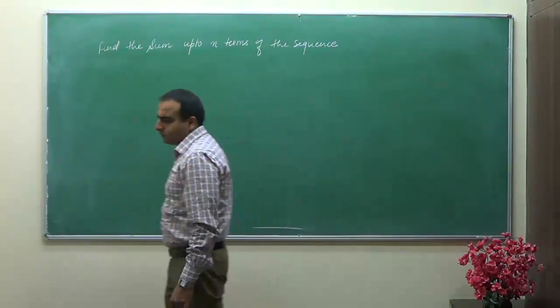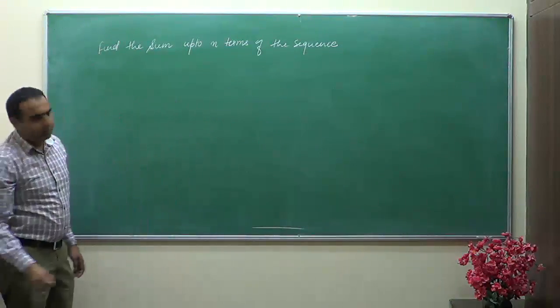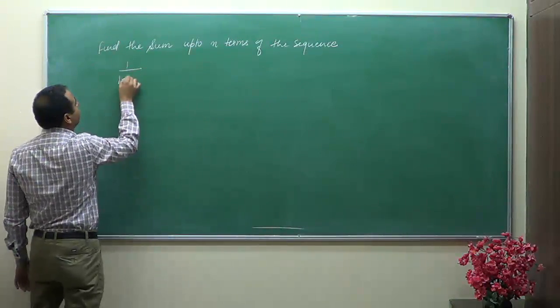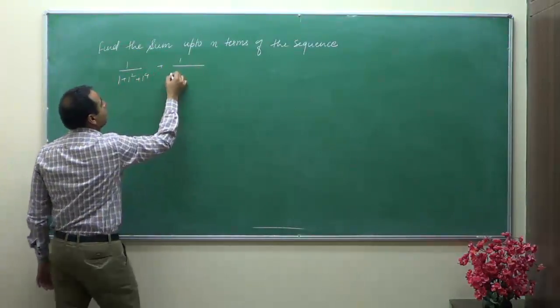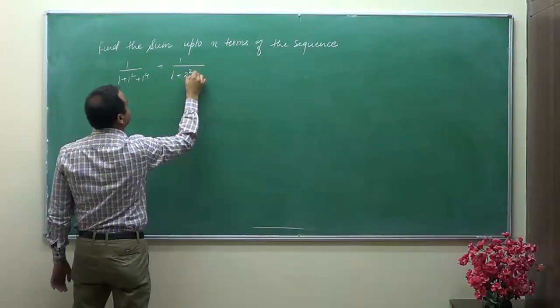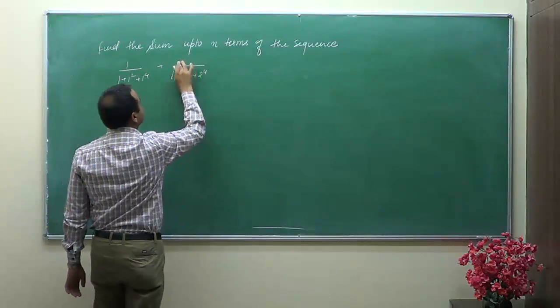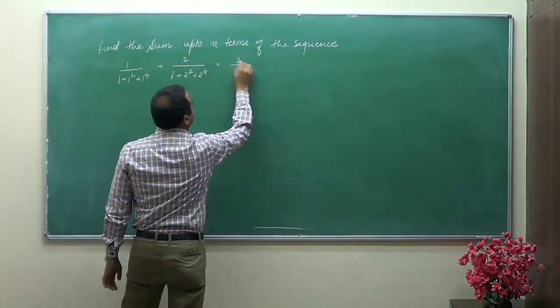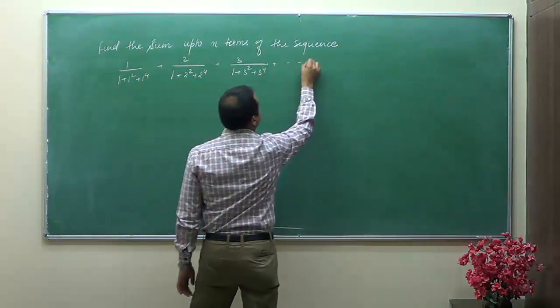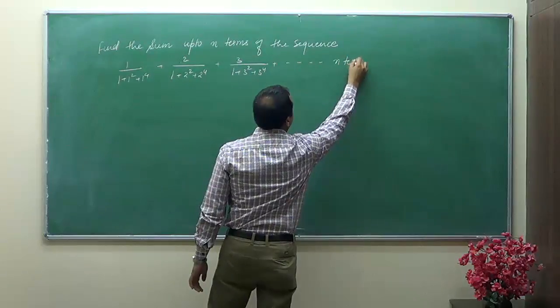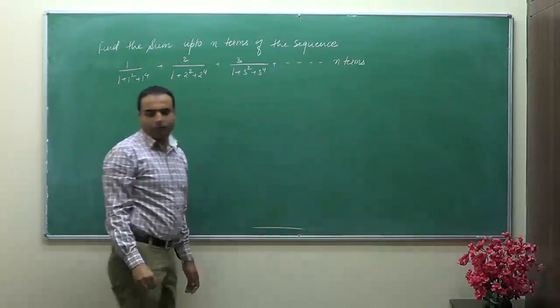Find the sum up to n terms of the sequence 1 over 1 plus 1 square plus 1 to the power 4, 2 over 1 plus 2 square plus 2 to the power 4, 3 over 1 plus 3 square plus 3 to the power 4, up to n terms.